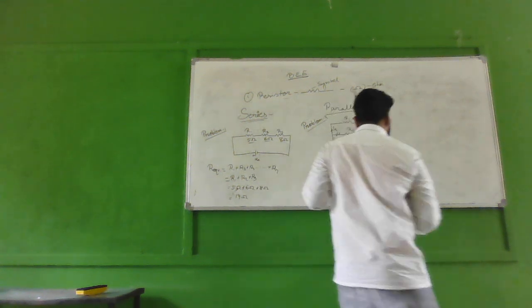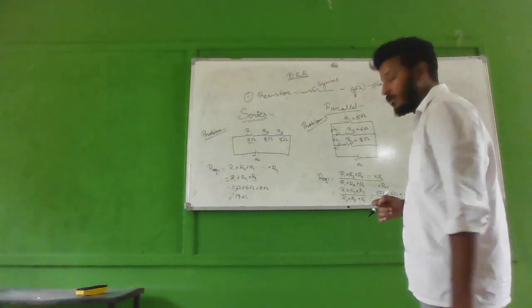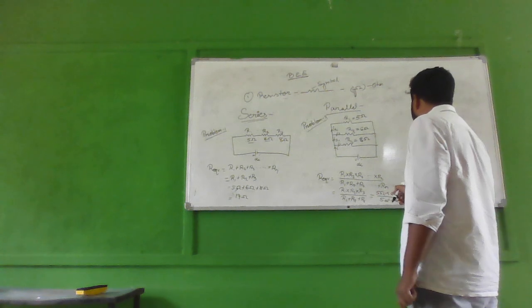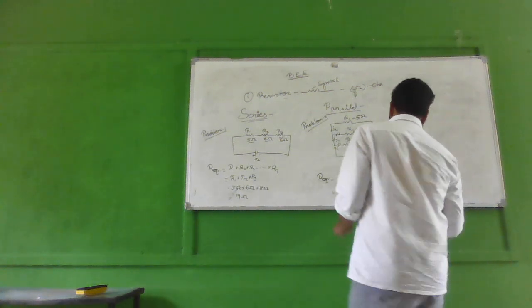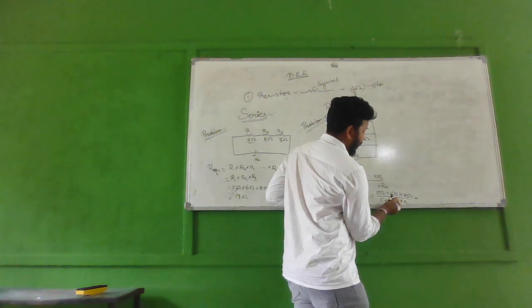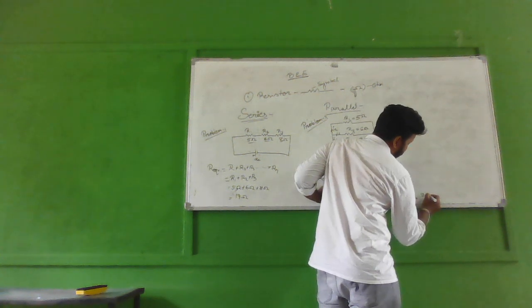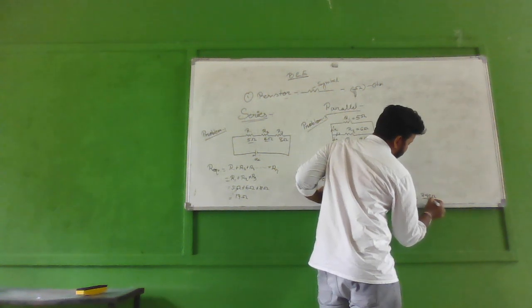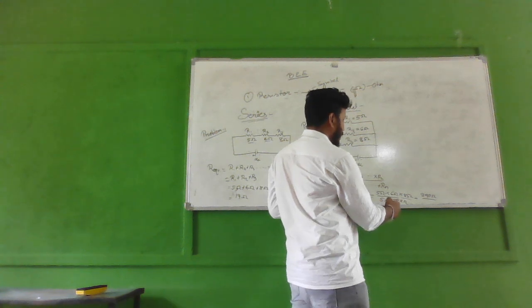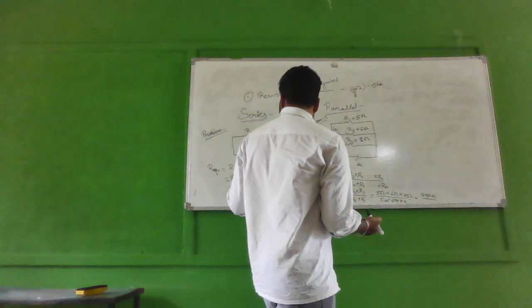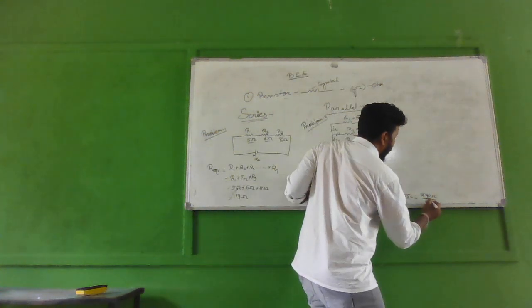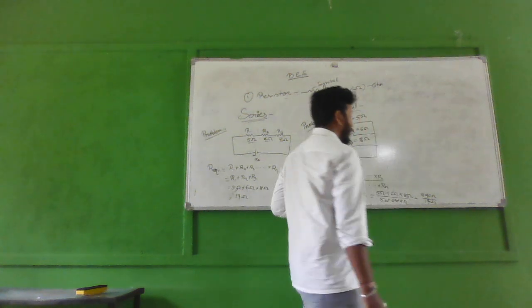What do we get, students? 5 into 6 into 8: 5 by 30 into 8 is 240 ohm, divided by 5 plus 6 plus 8, what do we get? 19 ohm.